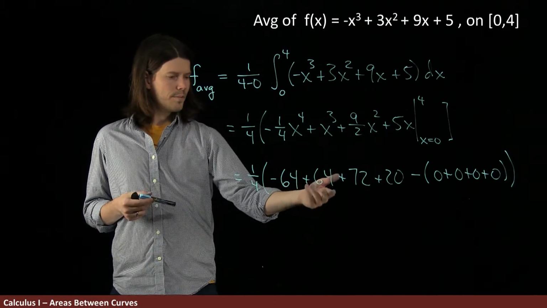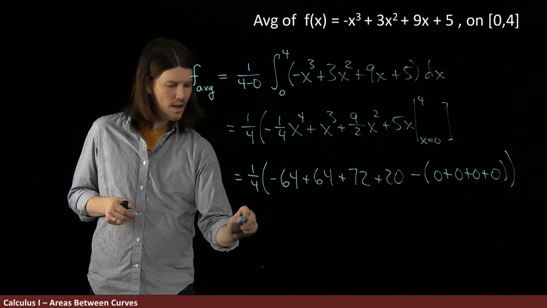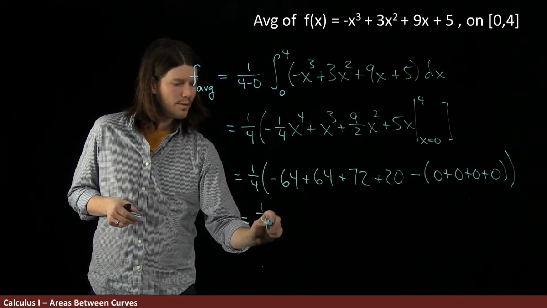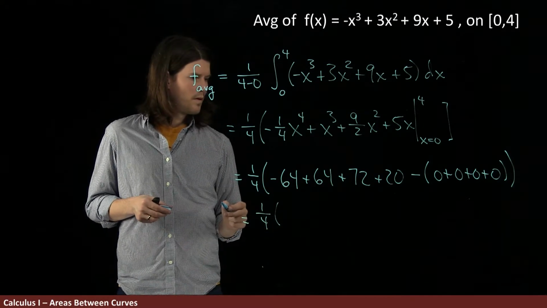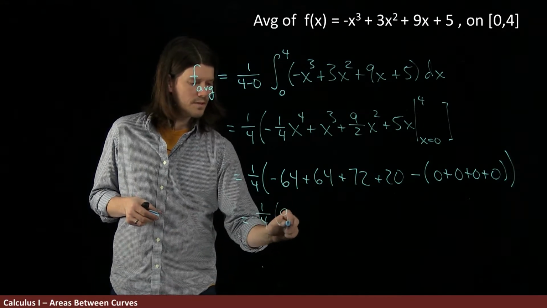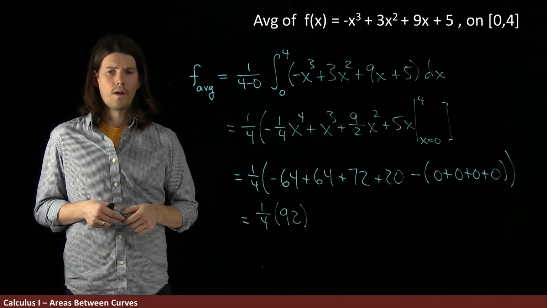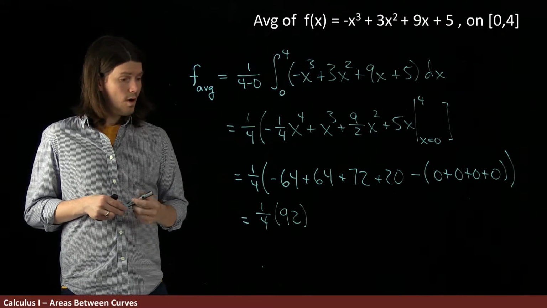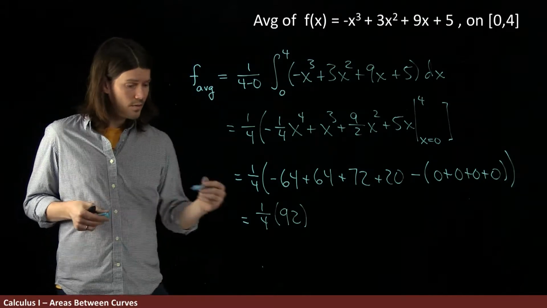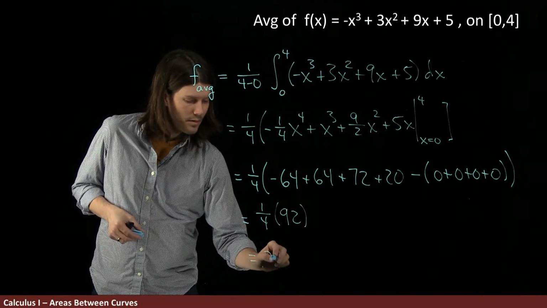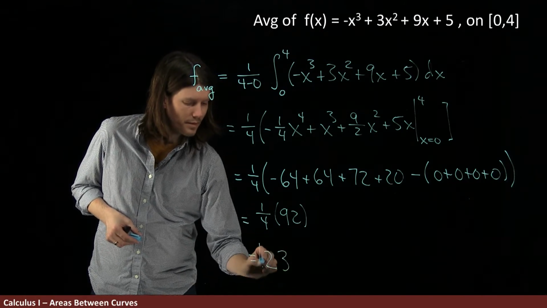Minus 64 plus 64, we lose that. We end up with 1/4 times 92, excuse me. And if we want to take that a step further, that is an integer value, we have 23.